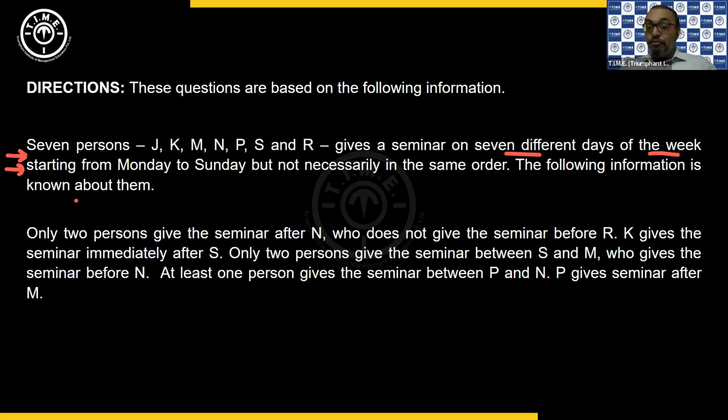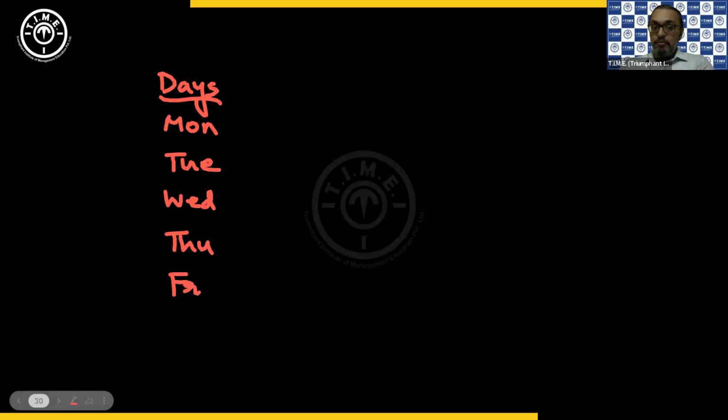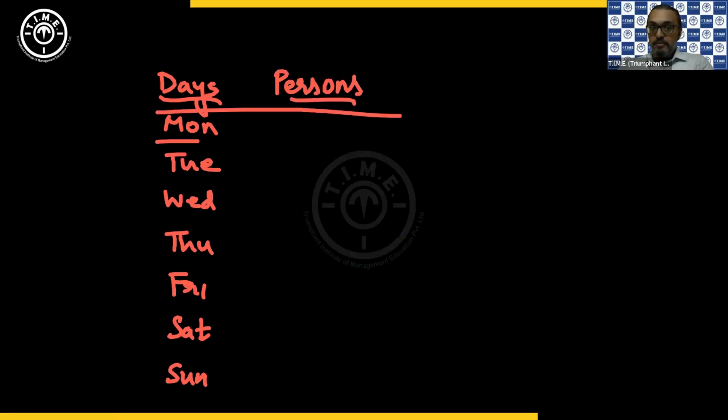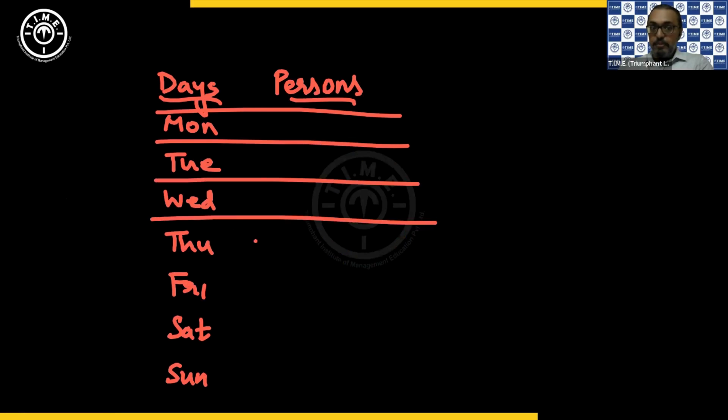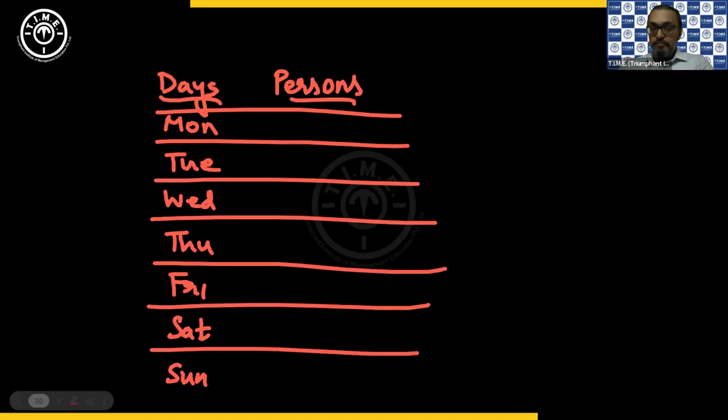Now we know that in the week you have only 7 days, Monday to Sunday. So when days are given, we fix the days first: Monday, Tuesday, Wednesday, Thursday, Friday, Saturday, and Sunday. And then you have the persons to be fixed based on the given information.